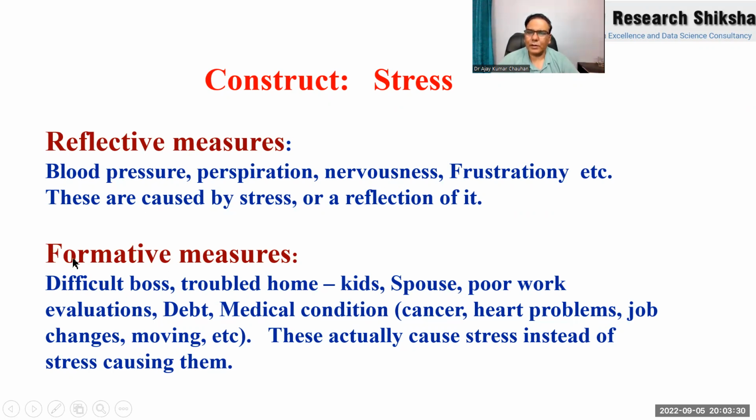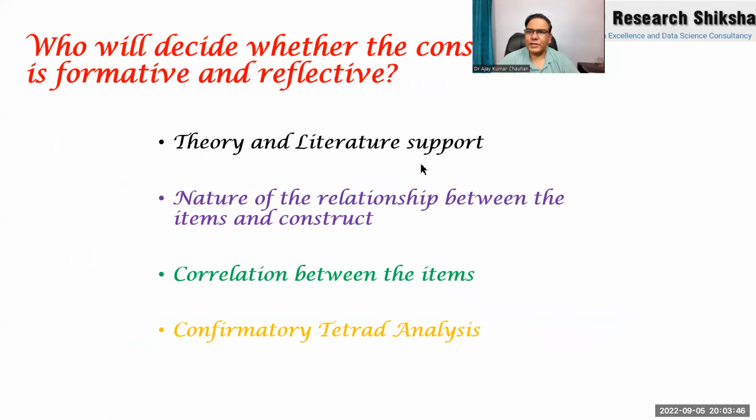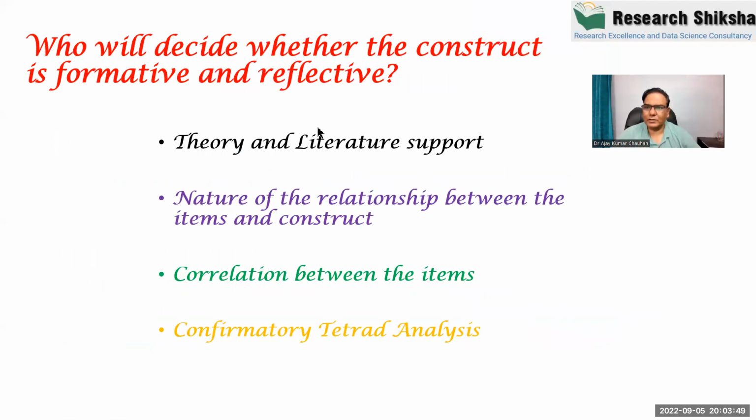And if I ask you from where the stress is coming, it may come from all these reasons. So sometimes the same construct can be created as reflective or formative. Okay, so these are the ways to decide whether the construct is formative or reflective.